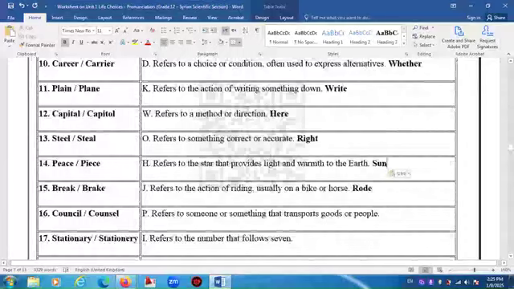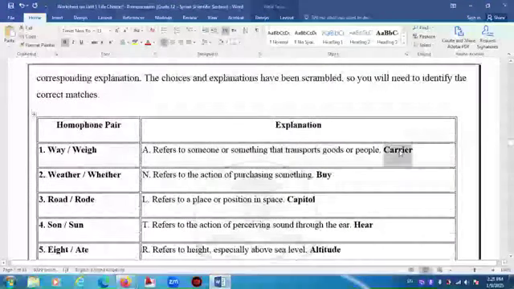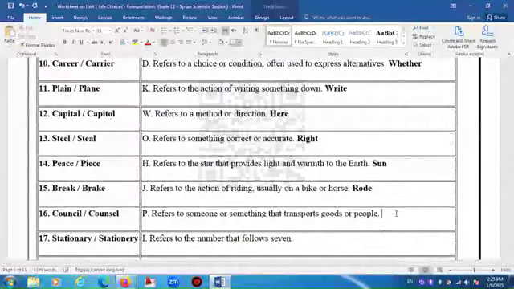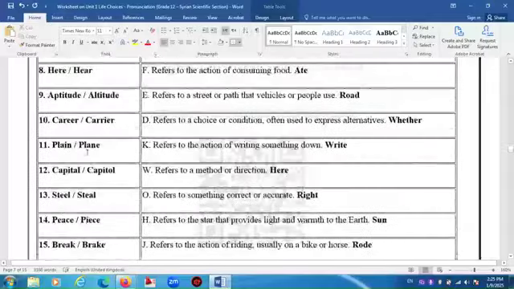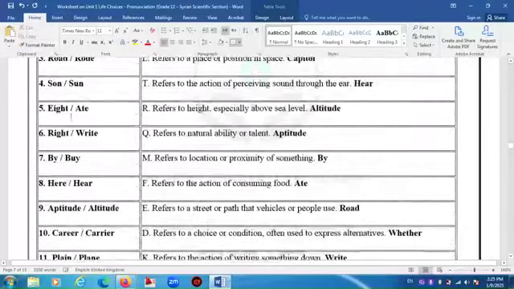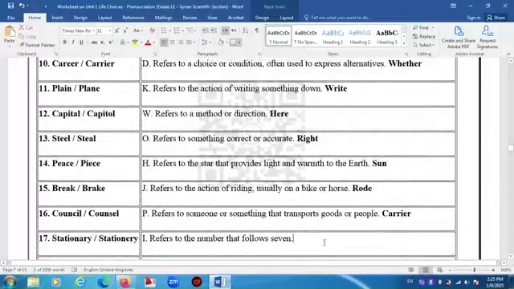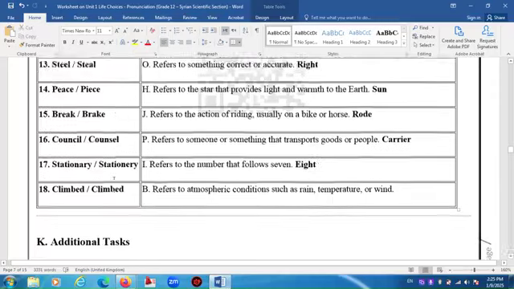Refers to someone or something that transport goods or people. I don't know, I repeated again. So, refers to the number that follows 7, 8. And the temperature, the wind, the rain, or the atmosphere, that's the weather.